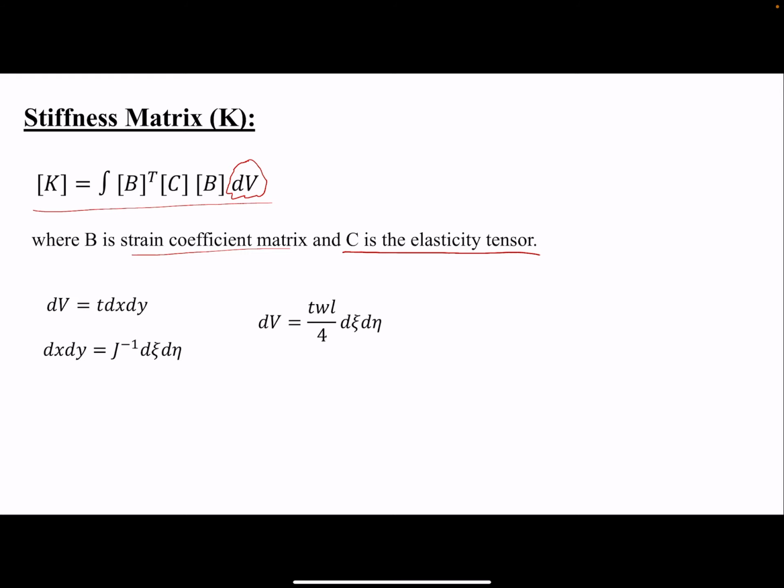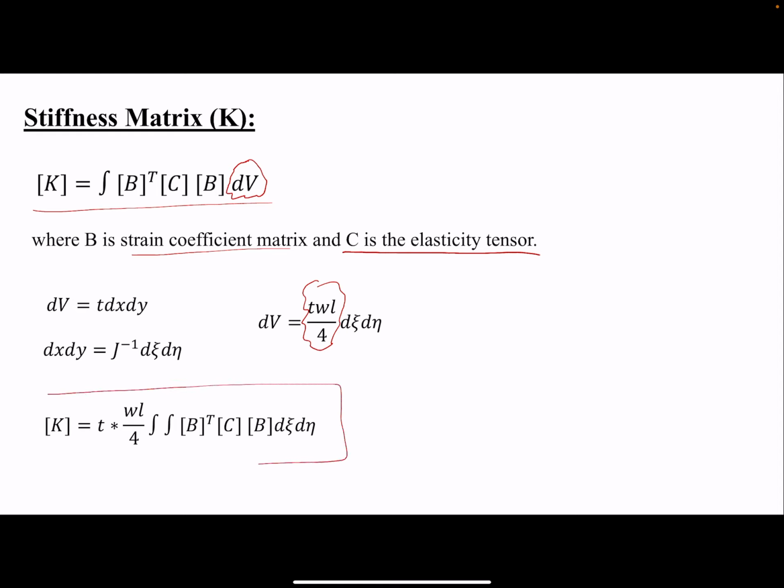So dV would be TWL over 4. We already found the Jacobian, the inverse of Jacobian, which is WL over 4. If I replace that, this is the equation that I get for my stiffness matrix.